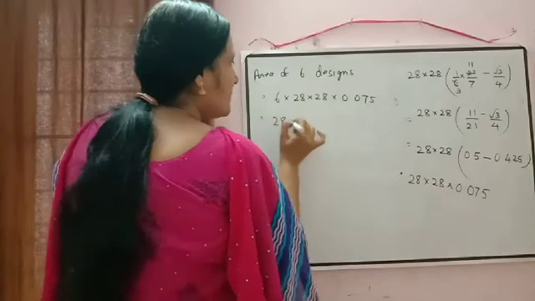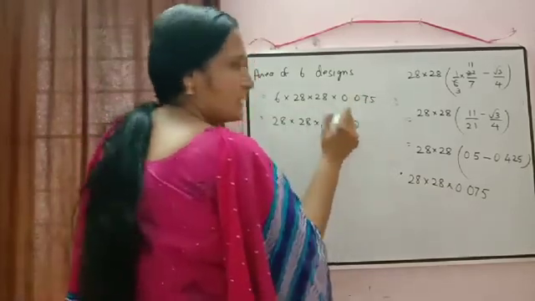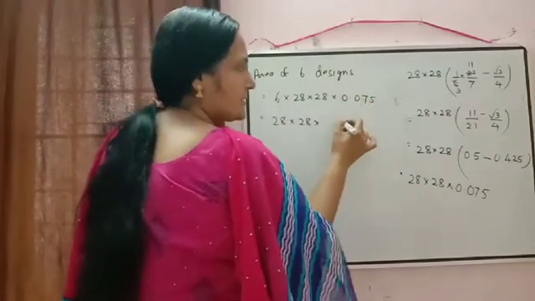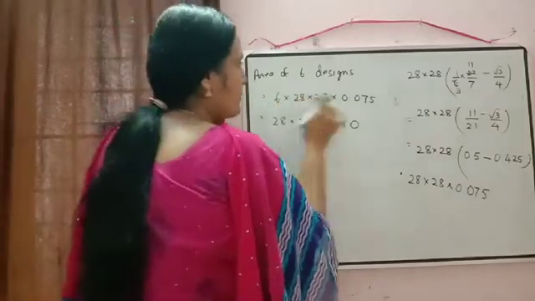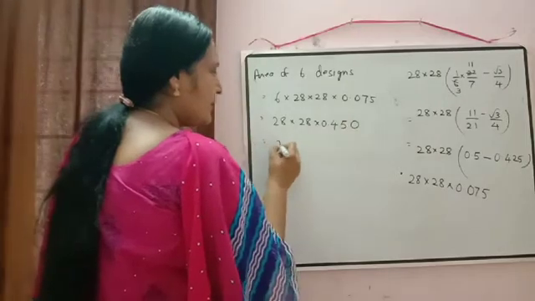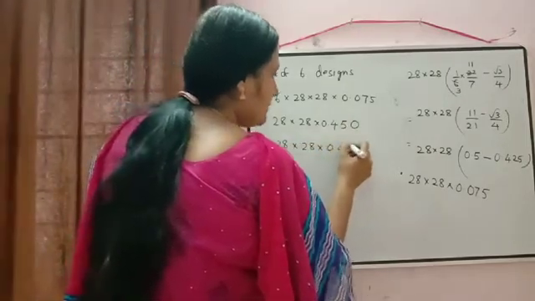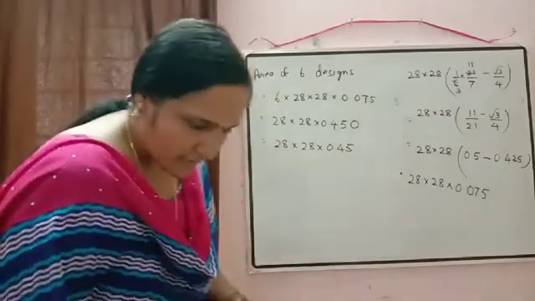Then it will be equal to 28 into 28 into 6 5s are 30, carry over 3, 6 7s are 42. 42 plus 3 will be equal to 45, carry over 4. Then here it will come 4. Then 6 into 0, 0. So we are getting here 28 into 28 into 0.45.